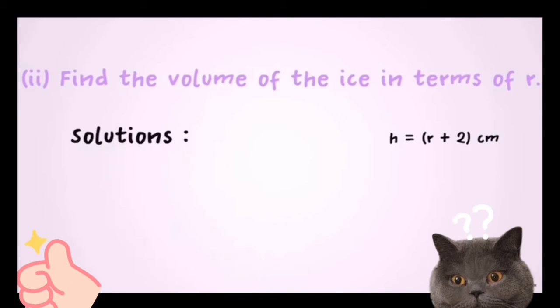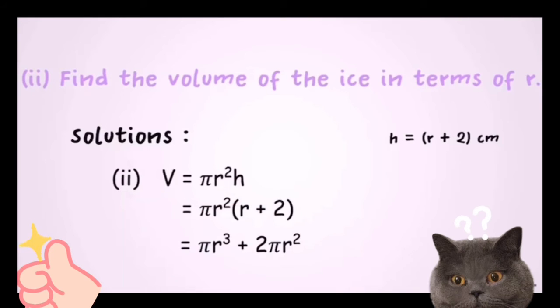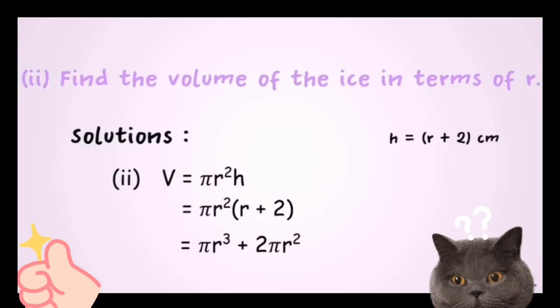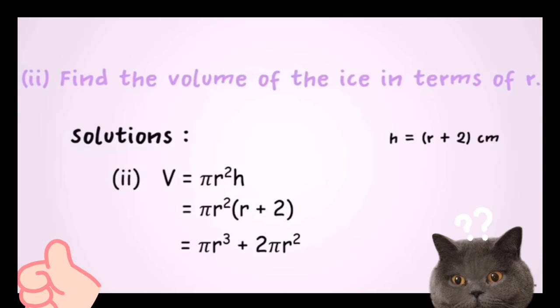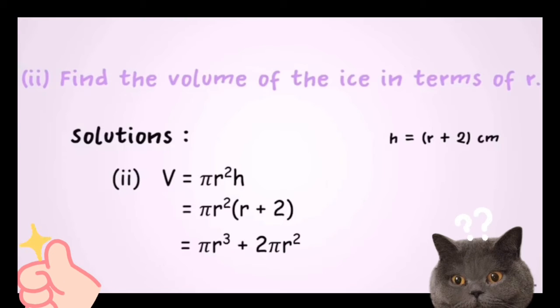So the solution is to rewrite the volume of cylinder formula from the information given, which is pi r squared h, and then we substitute h into the formula, which is r plus 2, and it becomes pi r squared (r plus 2), and the final answer is pi r cubed plus 2 pi r squared.